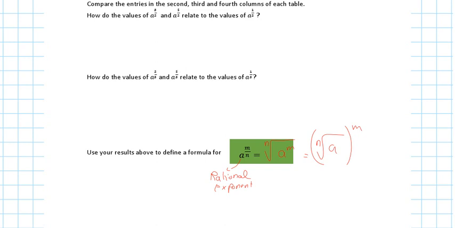Okay? Now, this format is called radical exponent. Radical because the root is a radical. They're called radical numbers. Just so you know, if I ask you to go from rational to radical or radical to rational, this is what I'm talking about.